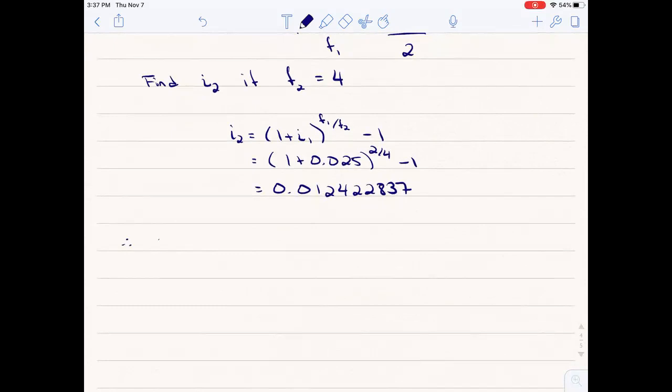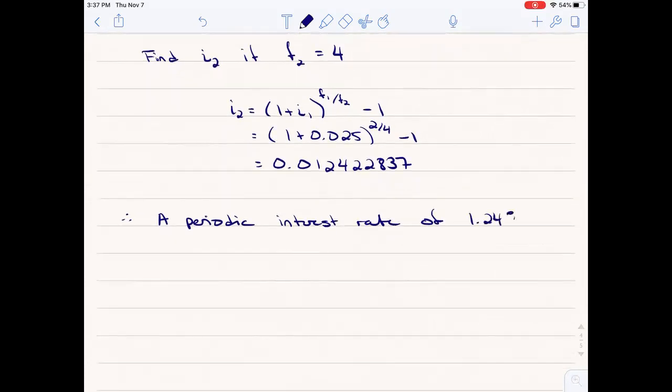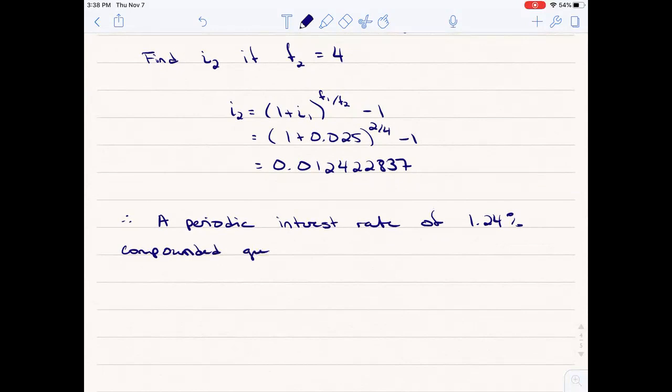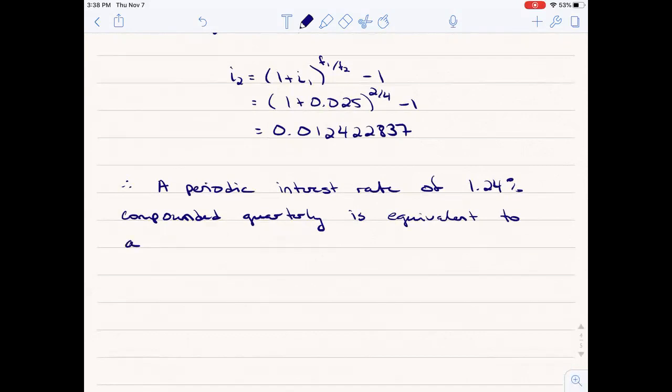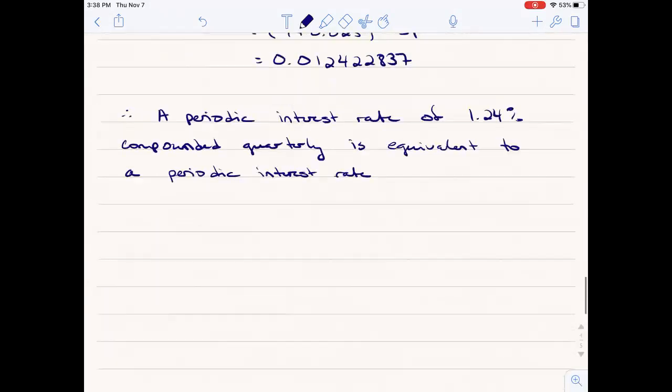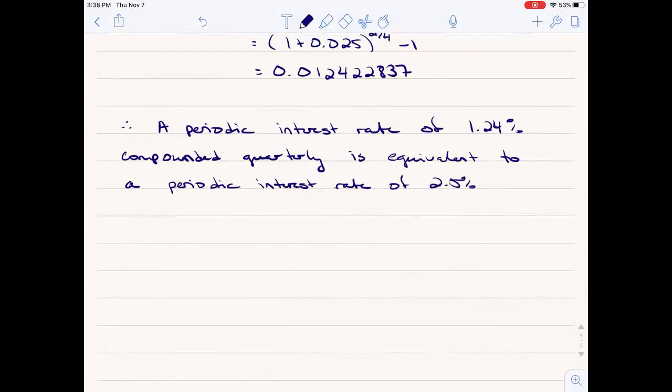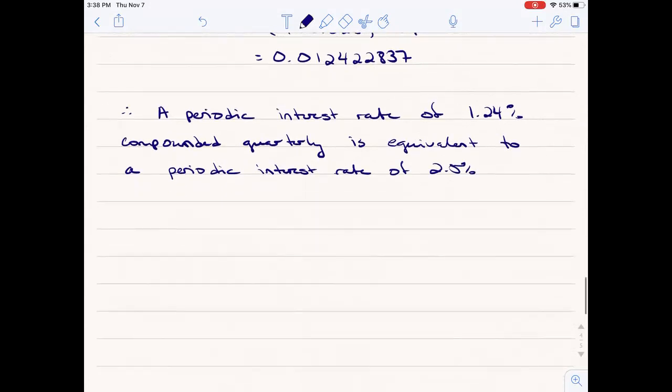Therefore a periodic interest rate of 1.24% compounded quarterly is equivalent to a periodic interest rate of 2.5%, our initial periodic interest rate, compounded semi-annually.